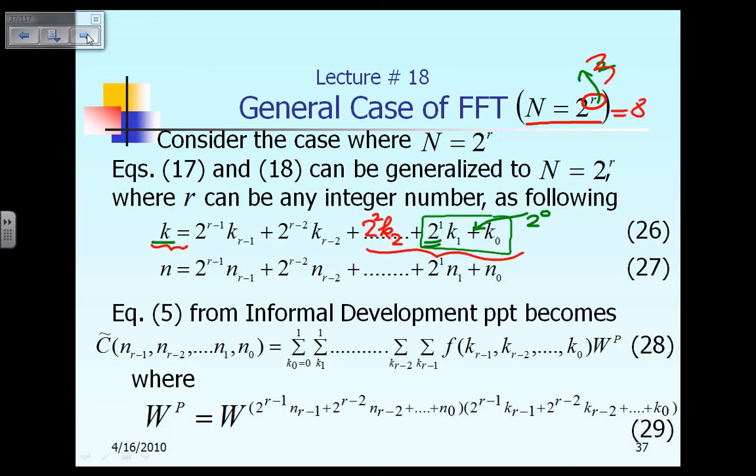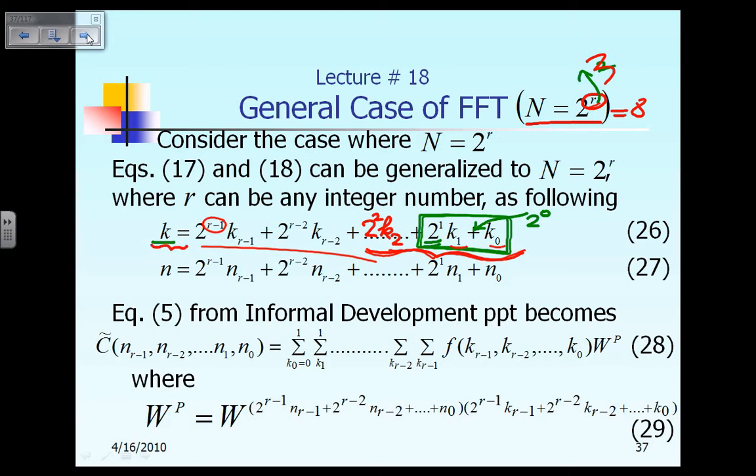If you have r equal to 2, then you have 2 terms. If you have r equal to 3, then you have 3 terms. And therefore, when you have the most general case, r equal to r, you should have r terms. The reason you have r terms is because you go from 0, 1, 2, up to the power r minus 1. So that's why you have r terms.